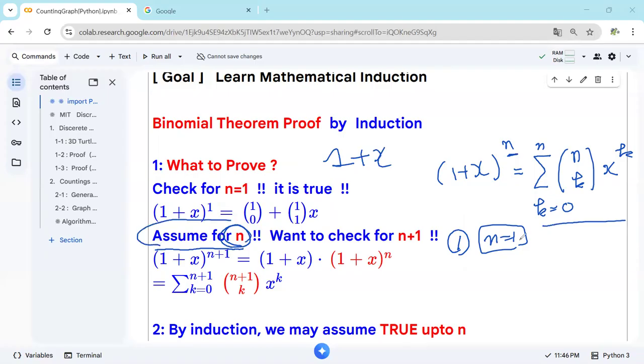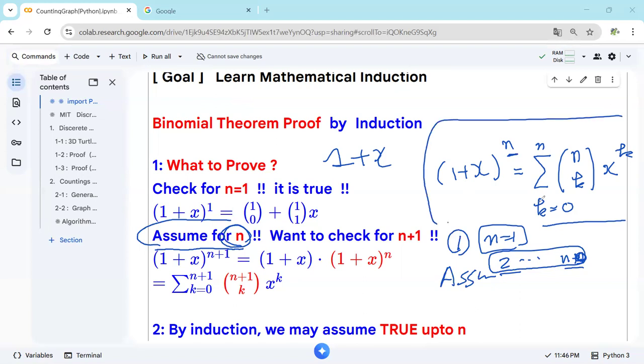Now the main part of the mathematical induction is, using this assumption, to prove the next number, n plus 1.